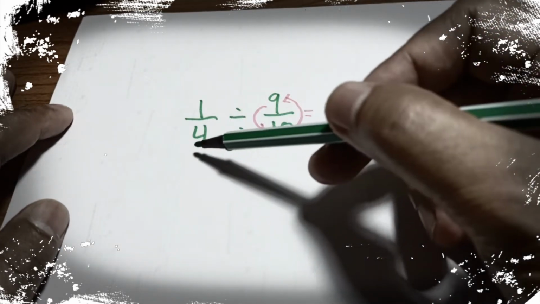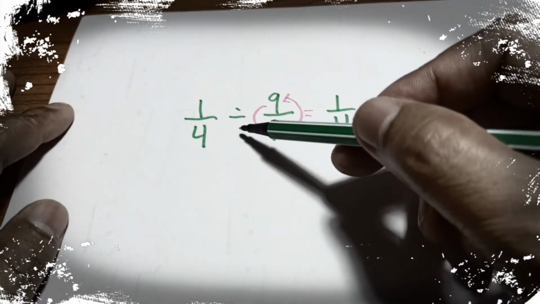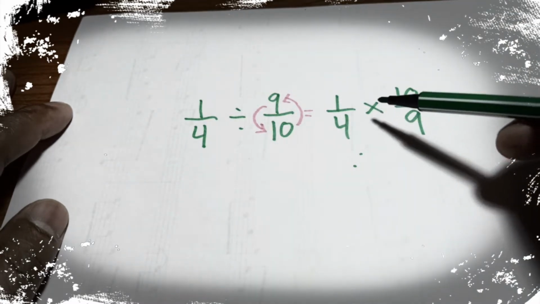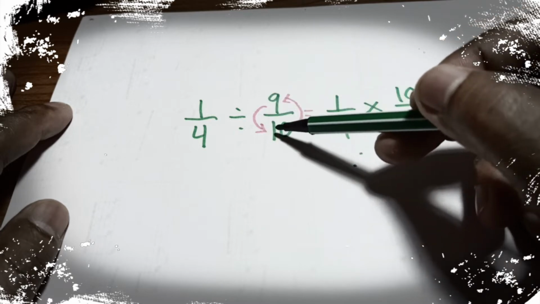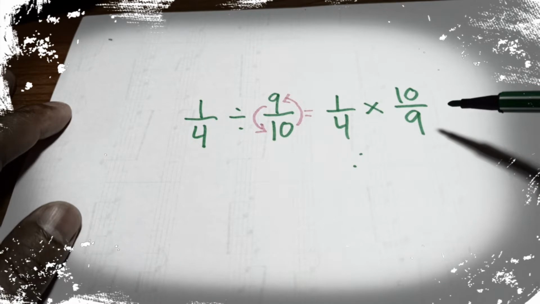So that's how to divide fractions. Copy the dividend or the first fraction, then instead of division, we change it into multiplication, and then we swap the position of the divisor. So 9 will go down and 10 will go up, so that's why it becomes 10/9.